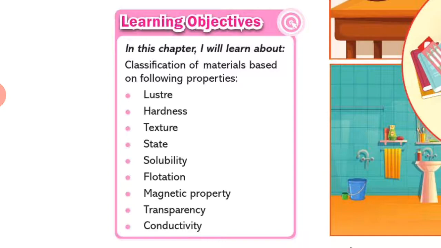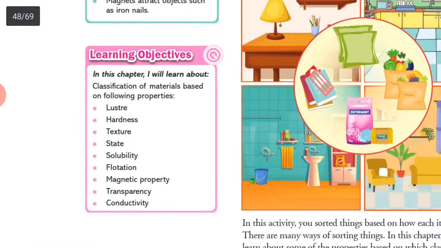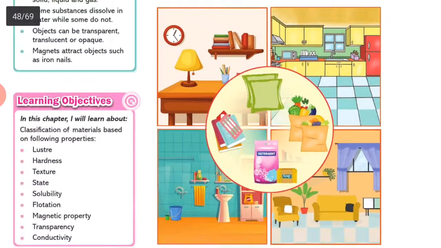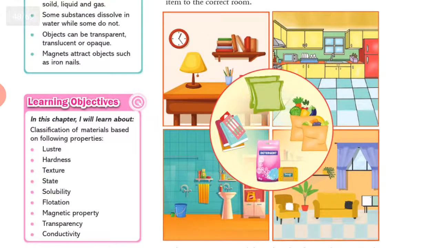Okay, now see this particular picture. If you have gone to the market with your parents to buy something, then you need to separate the things on the basis of their uses. You can see in the circle, four different categories of items are shown.